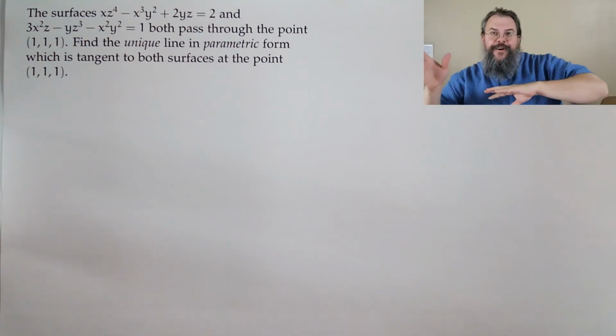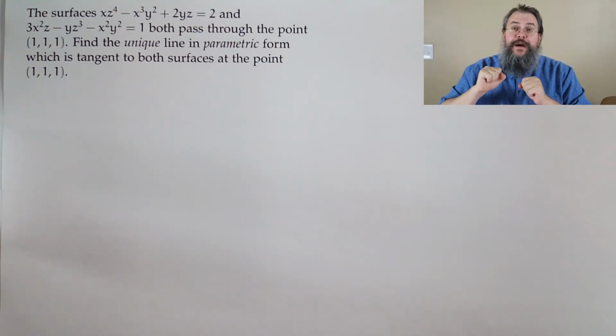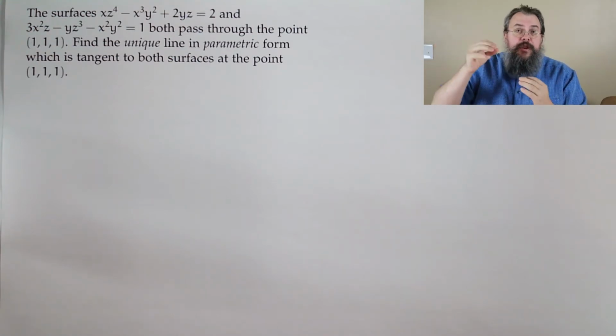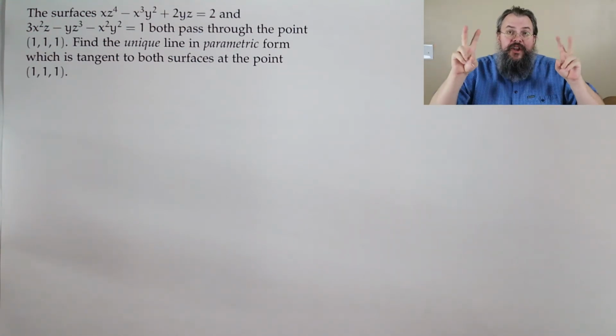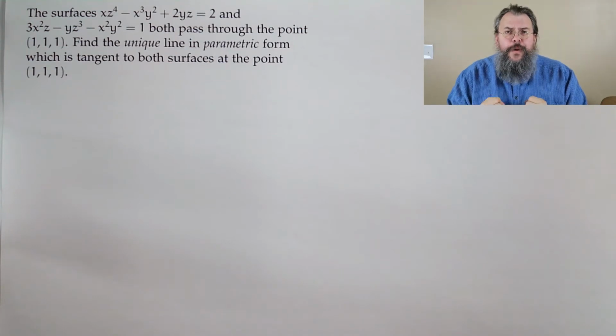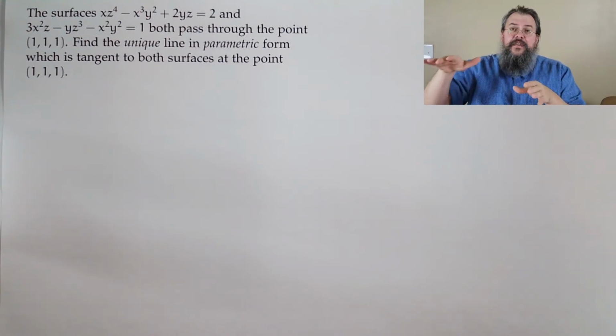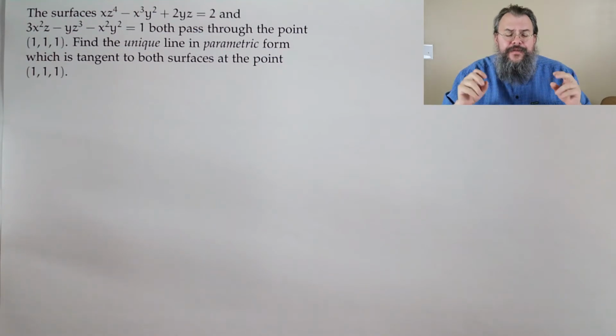Okay, so what's happening? Well, you have a surface and you have a point. Now, when we think about a tangent to a surface, we don't think of tangent lines, we think of tangent planes. So if you have a surface and you have this tangent plane, well, how do lines fit in?